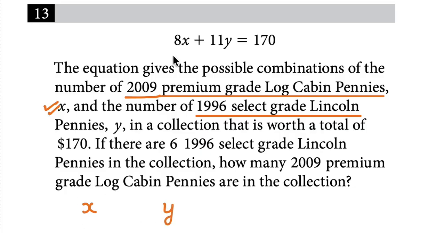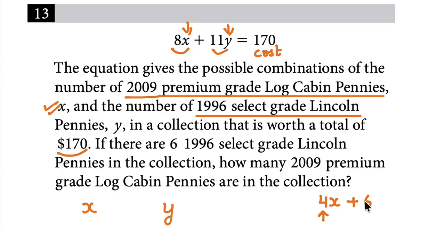Now let's see every detail of this equation. So x and y, these are two different types of pennies. Then what is 8 and what is 11? Let's see this. It's $170. So this is cost, right? Let's say I am buying some white chocolates. So cost of one is 4, so total cost of white chocolates will be 4x.